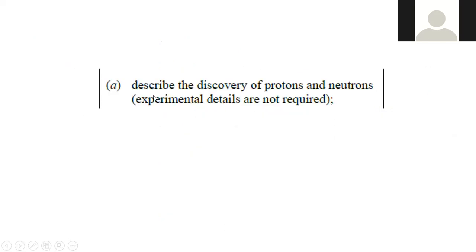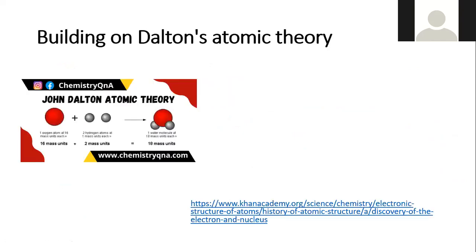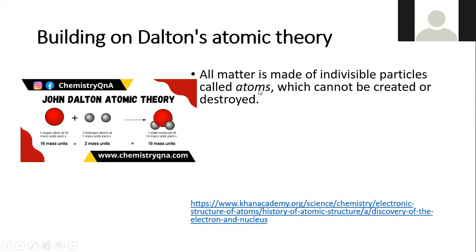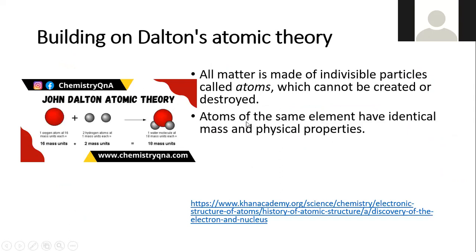Okay, I will go a bit further and describe the discovery of the proton and neutron. The basic idea is John Dalton's atomic theory. During his time, all matter is made out of individual particles called atoms, which cannot be created or destroyed.